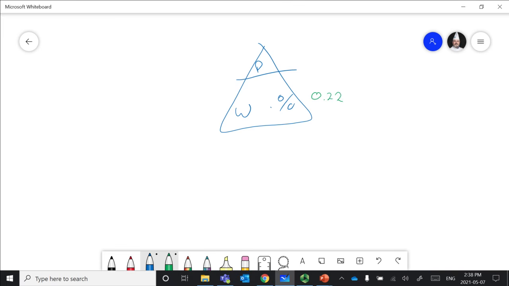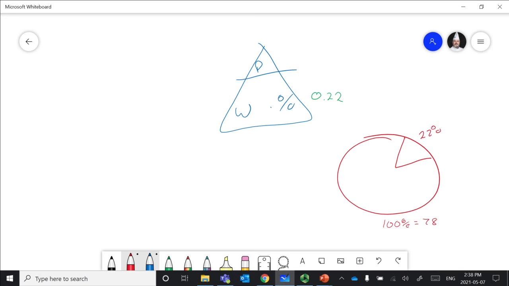And now we just have to decide, is the 78 the part or is it the whole? So we're asking, what is 22% of 78? If we draw our little pie again, and we had our whole, 100% is 78, right? What's 22%? So this has got to be the part, right?